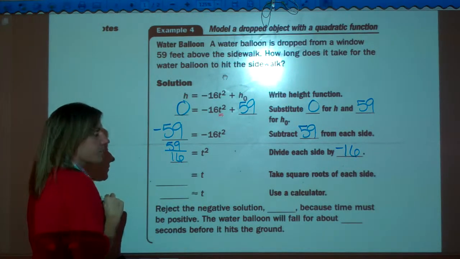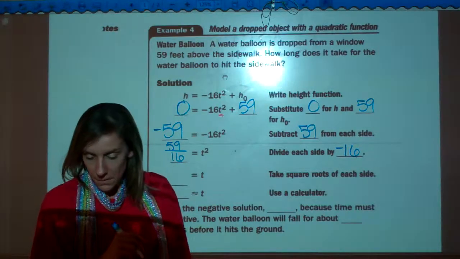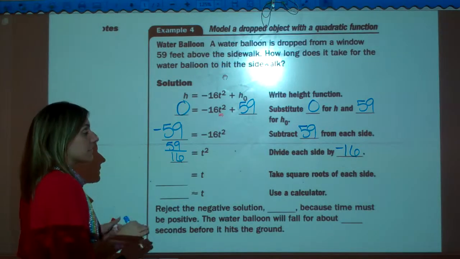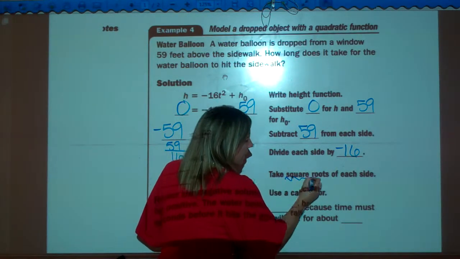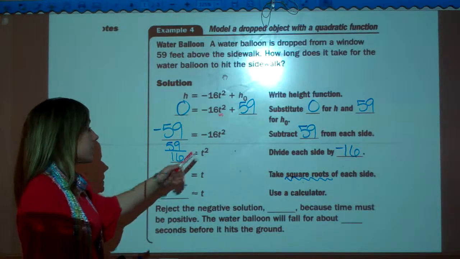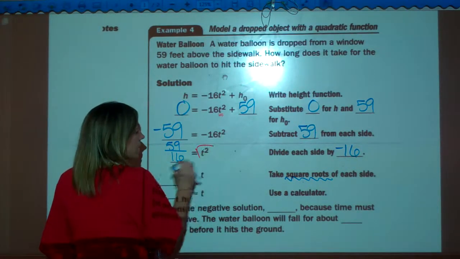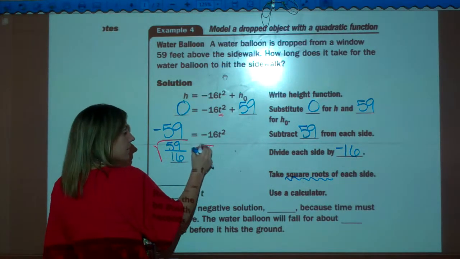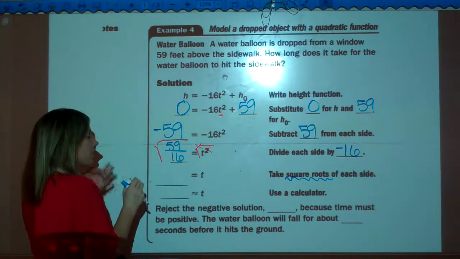The negatives cancel. Okay? And then, because I just have my t squared, now I can square root that. I can square root it because the opposite of squaring is square rooting. Whatever I do on the right side, I have to do on the left side.